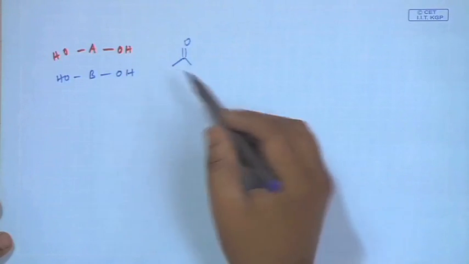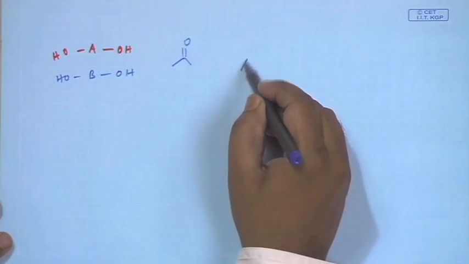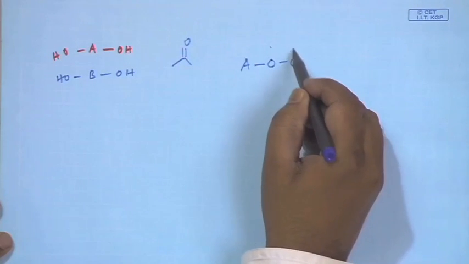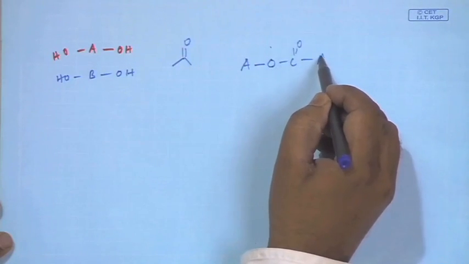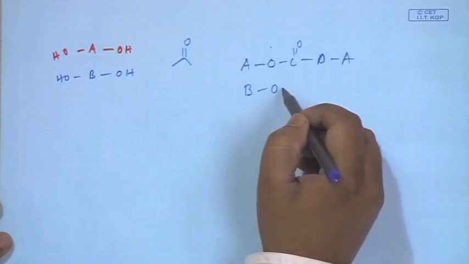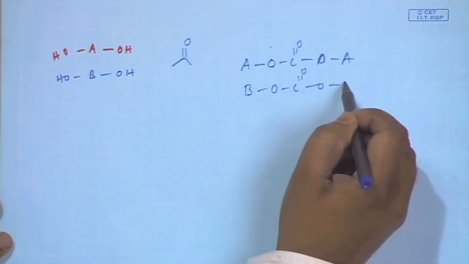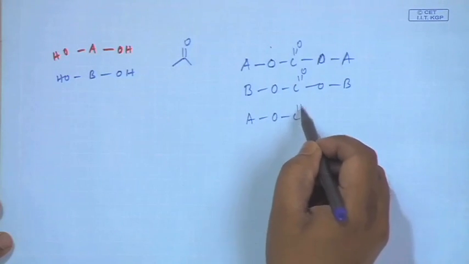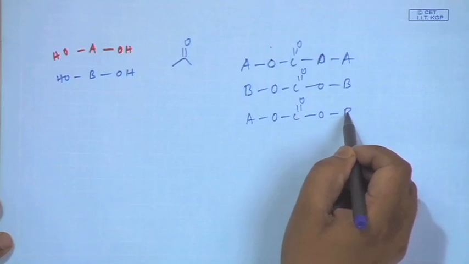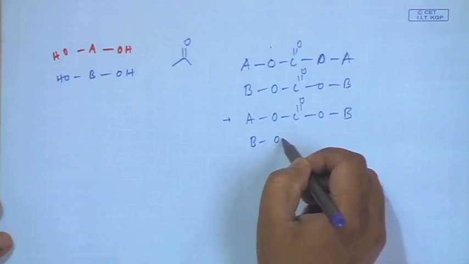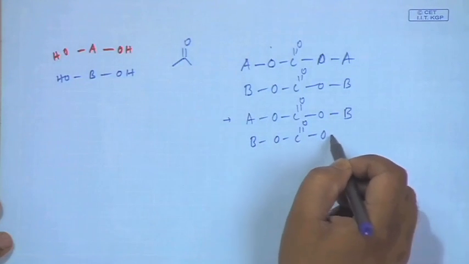Now, you can have 3 types of carbonate linkage. I give an example here: A-O-C-O-A, B-O-C-O-B, and A-O-C-O-B, which is similar to B-O-C-O-A.